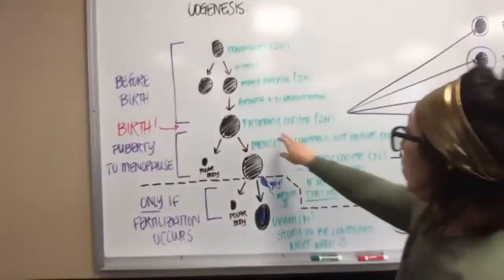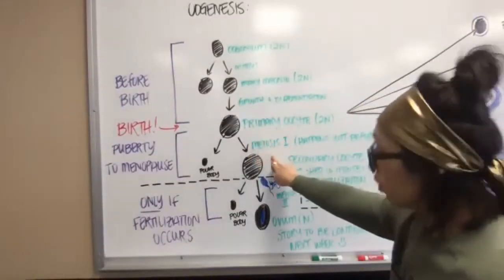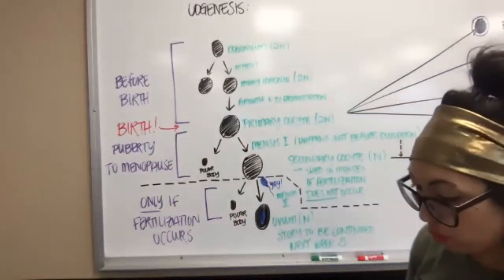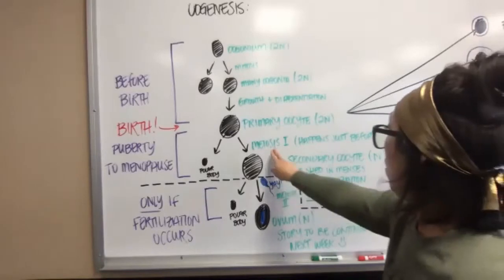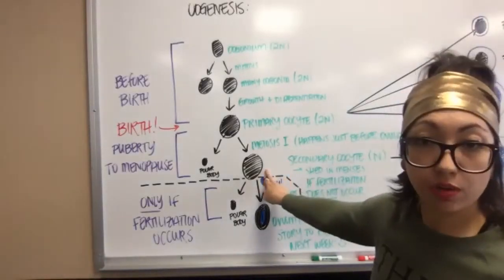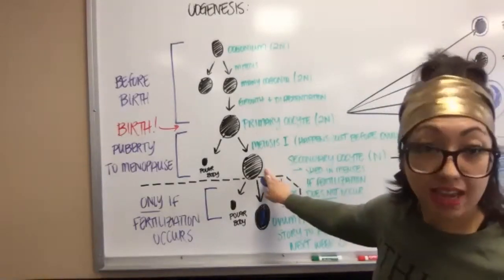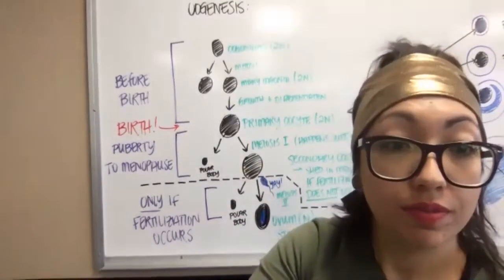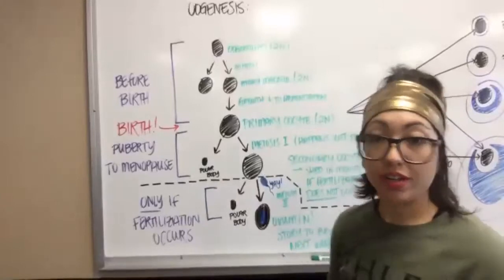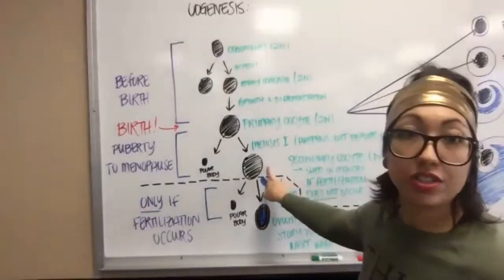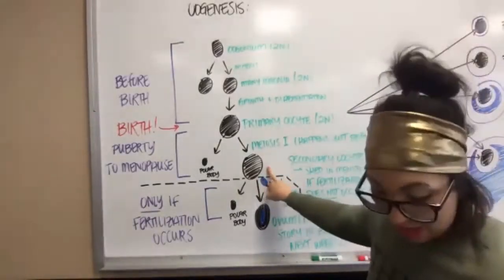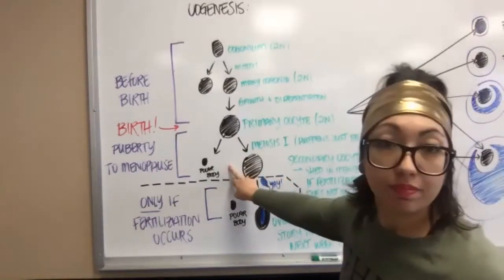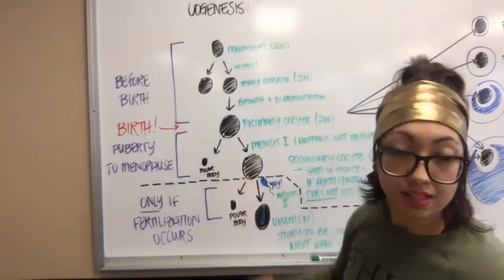Okay, so one of those oocytes will go through meiosis 1, forming two haploid cells. One large, what? Secondary oocyte. Very good. So it will form a very large secondary oocyte, and then one very small, what? Polar body. Excellent.